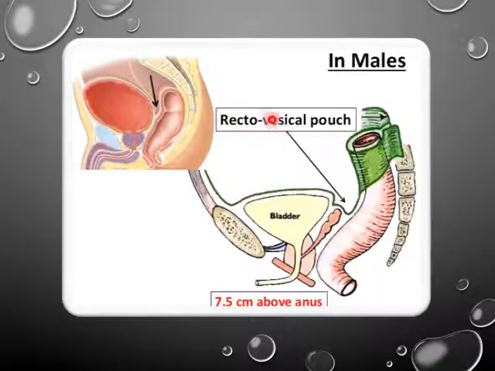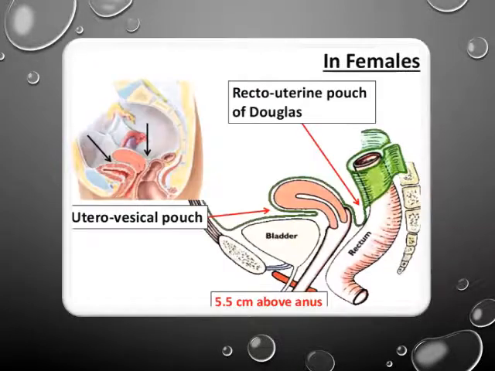In between rectum and vesicum, that is the bladder, the pouch which is being formed here is the rectovesical pouch. Now, in case of females, as we see, rectum, uterus and bladder. So, it is covering the rectum, and in between the rectum and uterus, there is a pouch being formed here that is called the rectouterine pouch of Douglas.